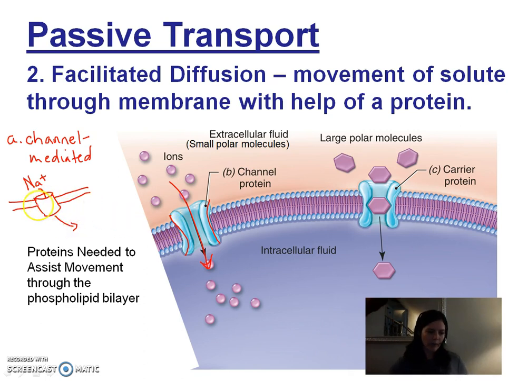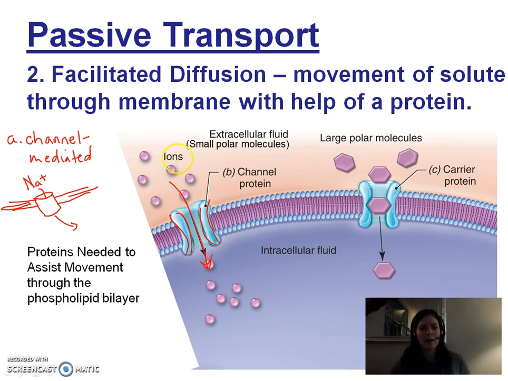Now, what type of characteristics do you think would have to be in place for this channel? Well, the charged particle is having to avoid this internal nonpolar interior of the membrane. So what this channel does is that it shields this molecule from all that nonpolar area inside the membrane.